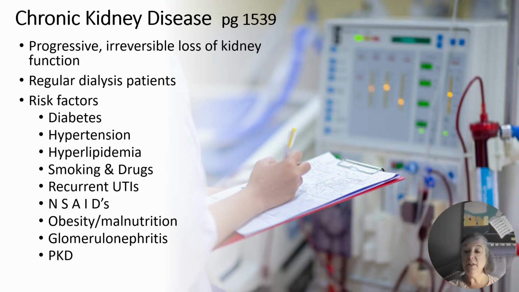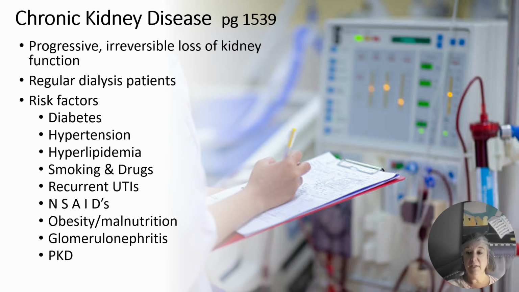So anything that is already causing damage to the kidneys, like polycystic kidney disease or glomerulonephritis, anything that is causing reduction in perfusion, and then malnutrition. When we are malnourished, we have electrolyte imbalances, and that can cause damage to the kidneys as well.